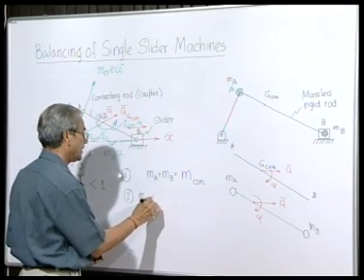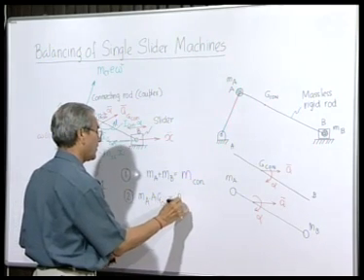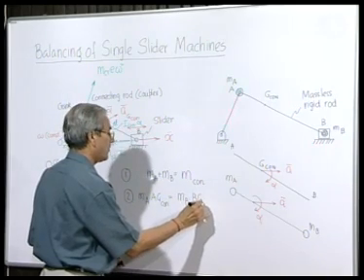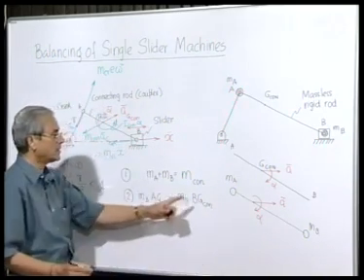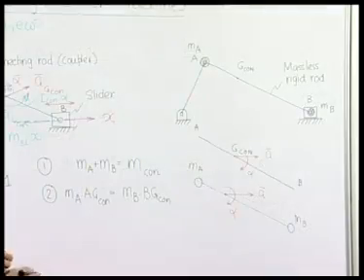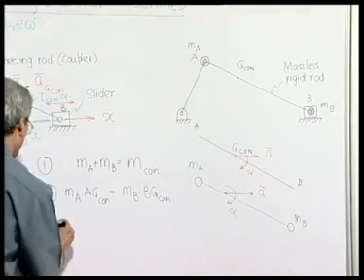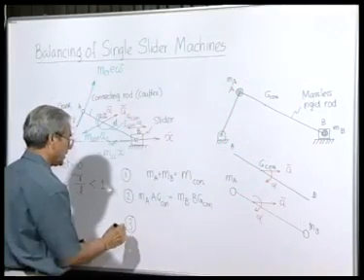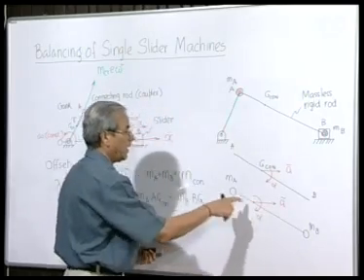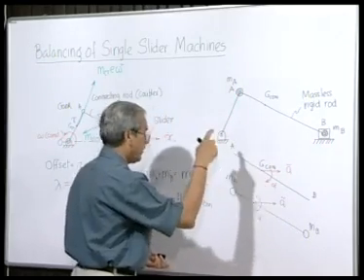So to satisfy that, this ensures that the center of mass is at the same location as G connecting, and the same set of moments which are now produced about this should produce the same angular acceleration. That will be possible when the moment of inertia of this equivalent system about the center of mass is the same as the moment of inertia of the original connecting rod about its center of mass.